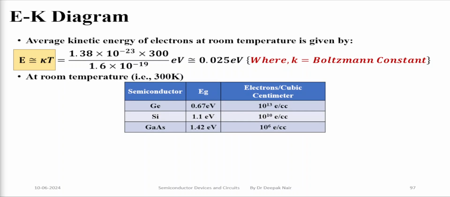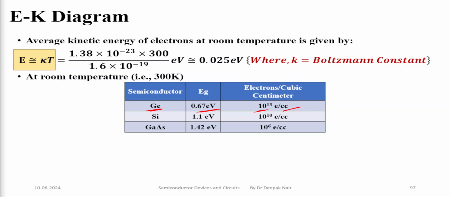At room temperature, germanium has a band gap of 0.67 electron volt, or in general 0.7 electron volt, and the electron concentration is 10 to the power 13 per cubic centimeter.